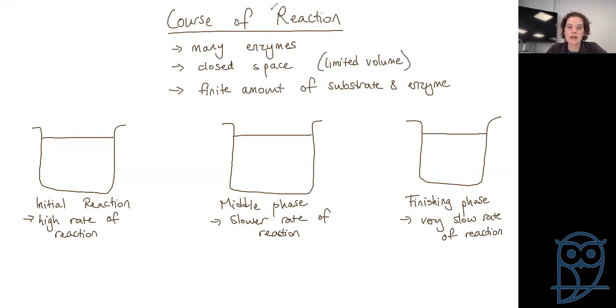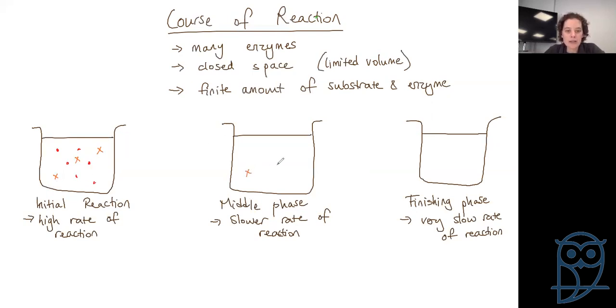Okay, and why is that? So if we think about it at the very beginning, let's get some substrates. At the very beginning, we have six substrates, representing lots more than that. Then we put in some enzymes. And you can see that the probability of an enzyme bumping into a substrate is very high.